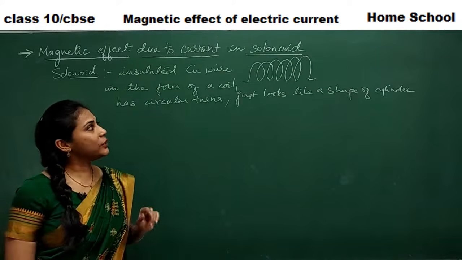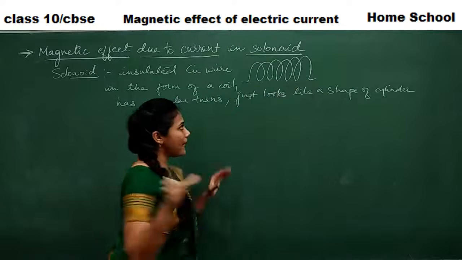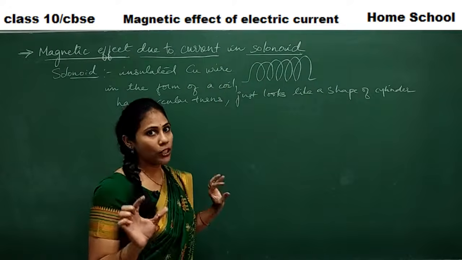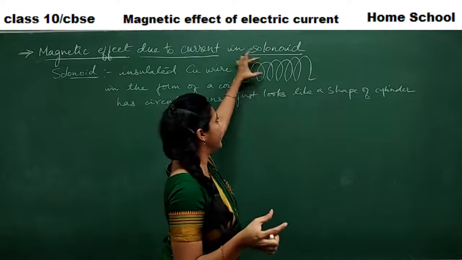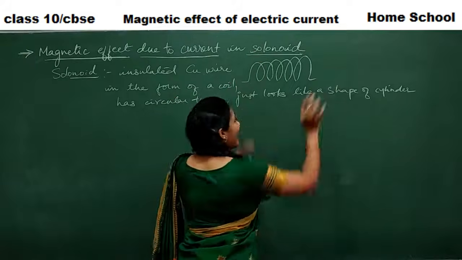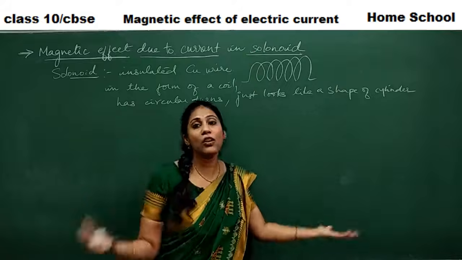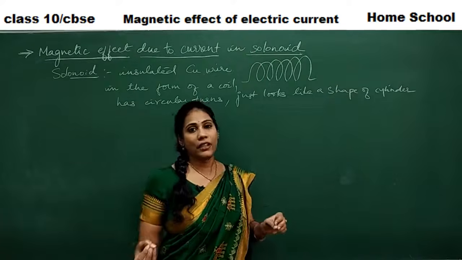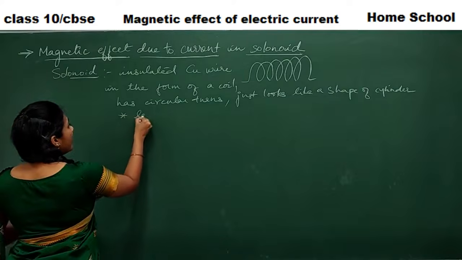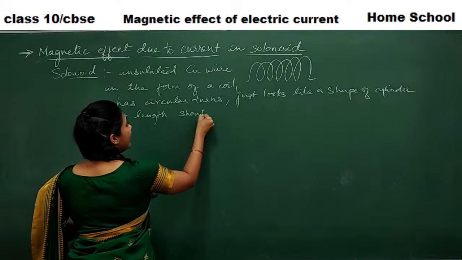One thing to remember here: the length of a solenoid must be longer compared to the diameter. You know what we mean by diameter, the width. Compared to the diameter, the length has to be longer. Only then will you call such a coil a solenoid. So remember: length should be greater than diameter.